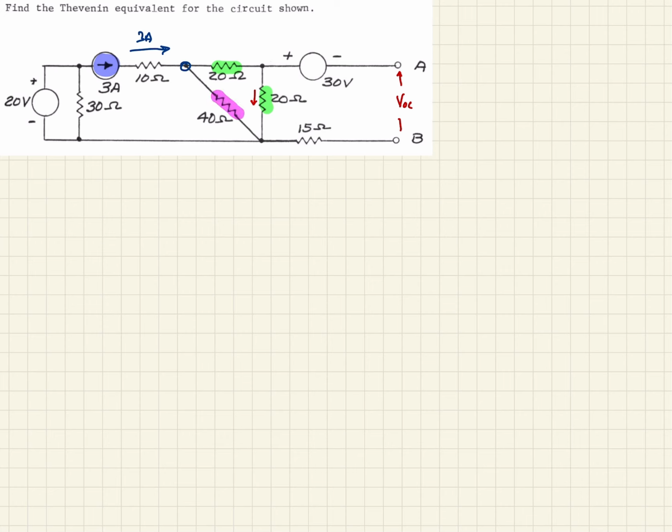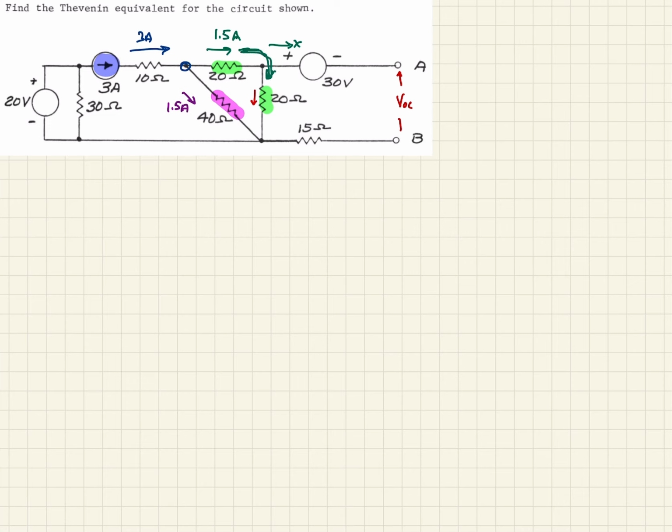So it's basically 40 in parallel with 40. So what that means then is we should have 1.5 amps go this way, and then we should have 1.5 amps go this way, because they're equal resistance in both paths. So that means this current can't flow this way because that's open circuited. So all this current has to flow down this path.